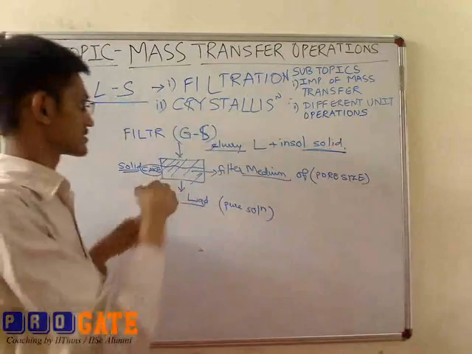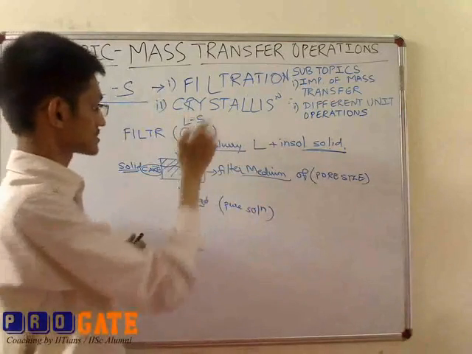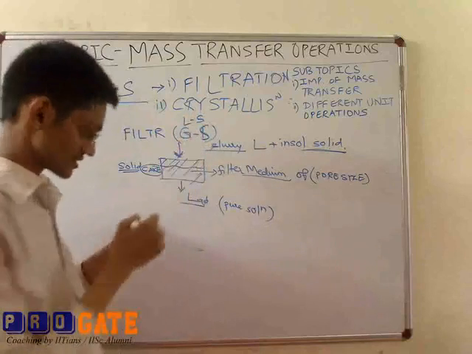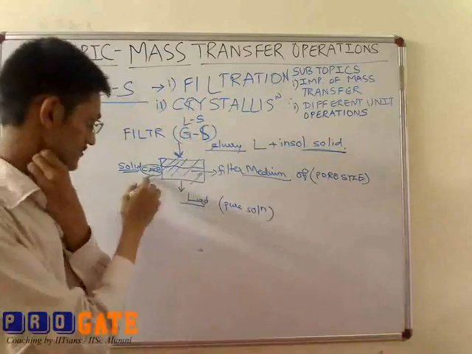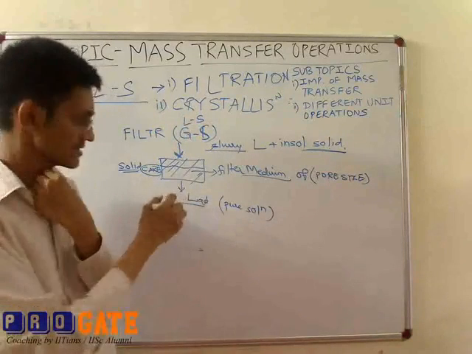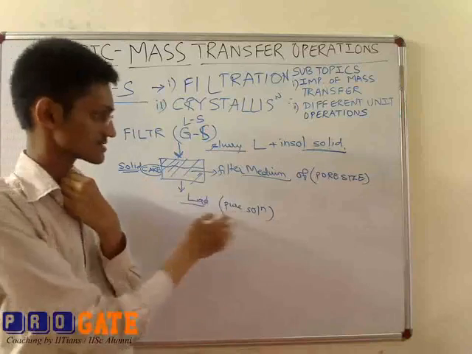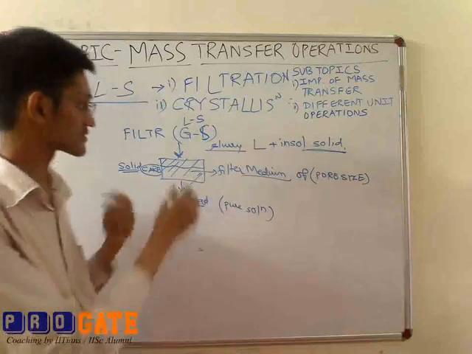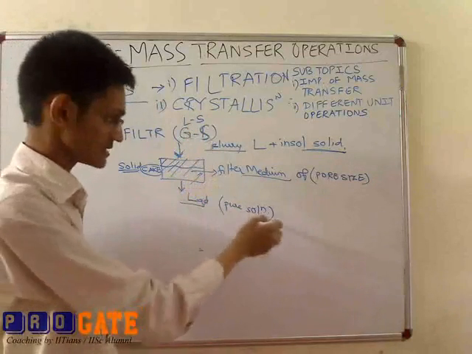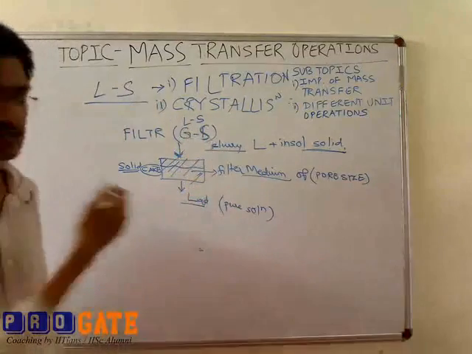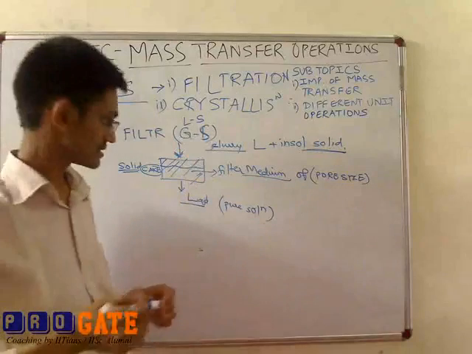You have either a liquid plus solid mixture passed to the filter medium. The solid particles get removed, get deposited on the filter medium in the form of the cake, and liquid as a pure solution is obtained. So there is transfer of solute from the liquid phase to the solid phase, and hence a change in the composition of the liquid feed.